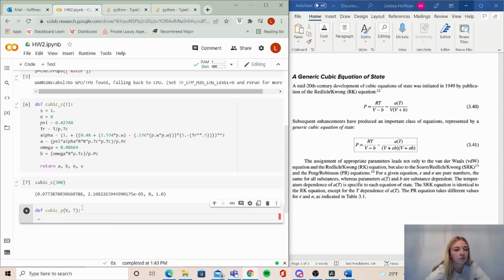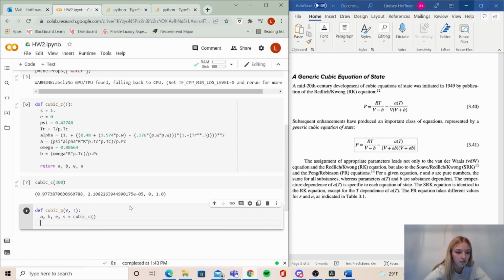So from above, up here, we already defined A, B, E, and S that were values dependent on temperature, so we can go ahead and bring those values into our function down here. So we'll say A, B, E, and S are equal to our cubic C. And then we need to return the pressure values.